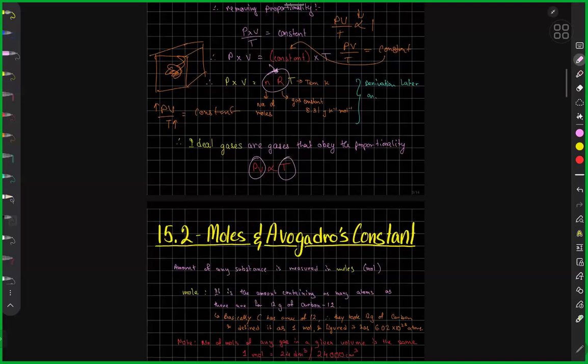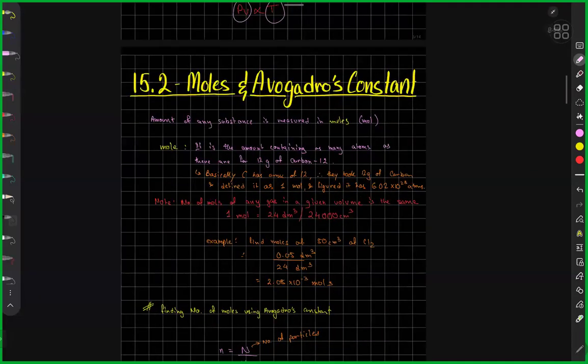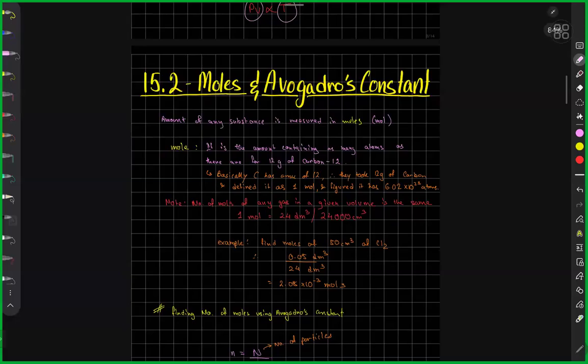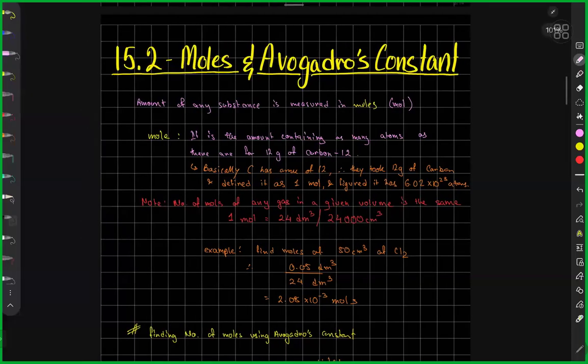Yeah. Great. So now what we will do is look at moles and Avogadro's constant. Okay. So now what happens with moles is we start off with the definition of it. Now you have studied this in IGCSE chemistry as well, and very little in physics.